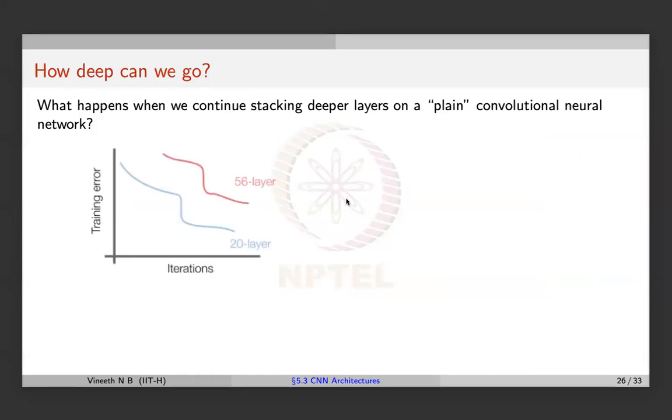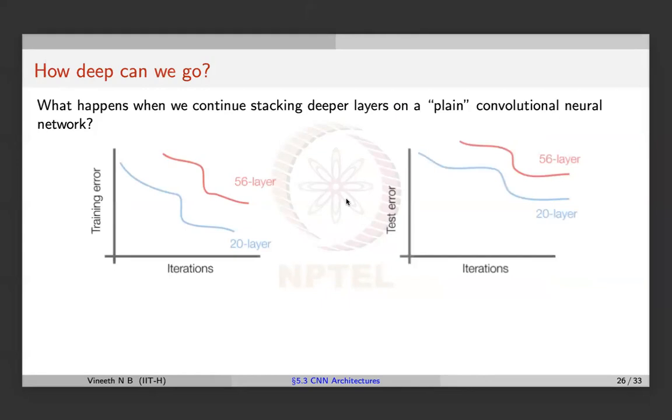So it's 20 layers and 56 layers, and you can see the training error of the shallower one is better. At any iteration, the training error is lower than the 56 layer. If you want to read any graph, you can just draw a line and see these two points.